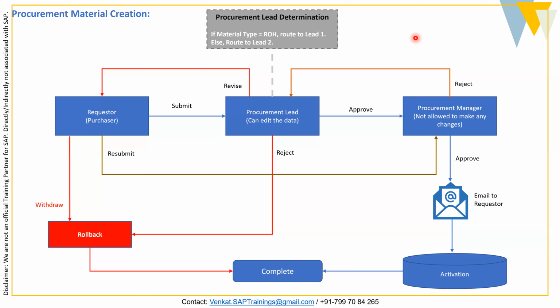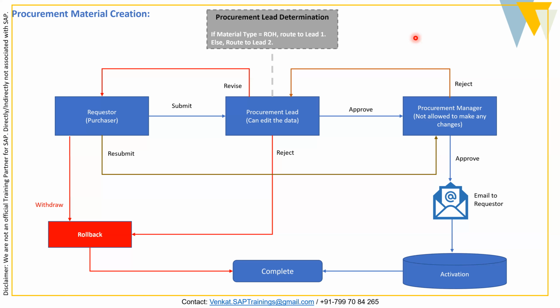Once it has been successful, I can trigger an email notification. If there is any rejection from procurement manager, I can send for a revision to procurement lead. If the procurement lead further needs a revision, I can send for revision to requester.